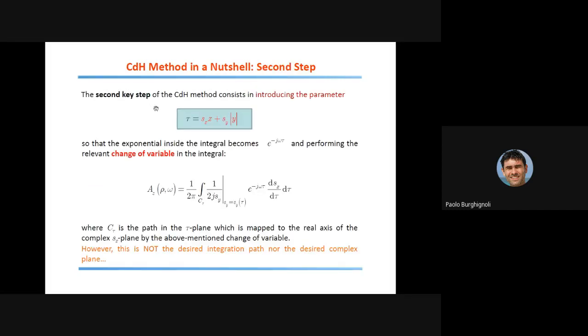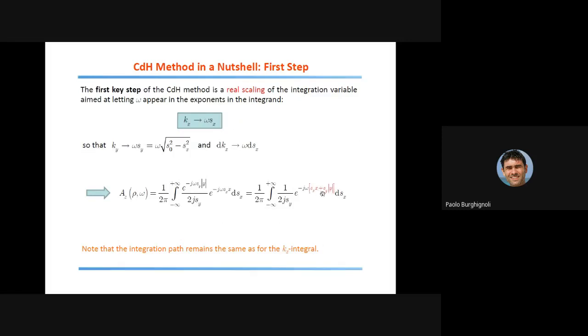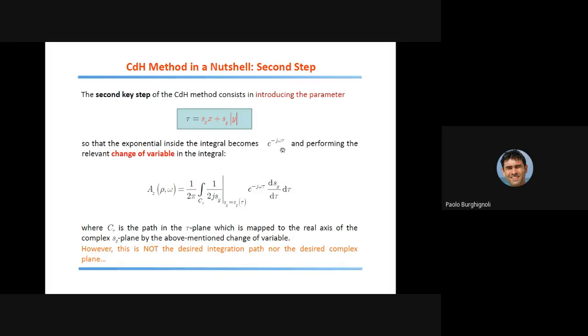which consists in introducing a parameter tau, which is equal to the red part in the exponent I showed you before. So this red part in the exponent is now called tau, okay? So that exponential function becomes e to the minus j omega tau, which is the typical Fourier exponential that occurs in inverse temporal Fourier transforms. So we basically change variable in the integral.